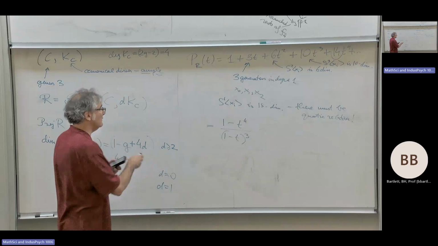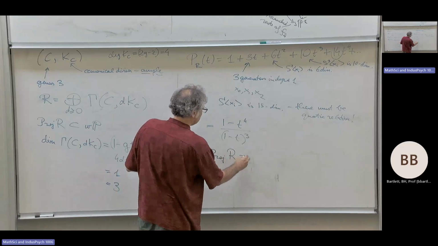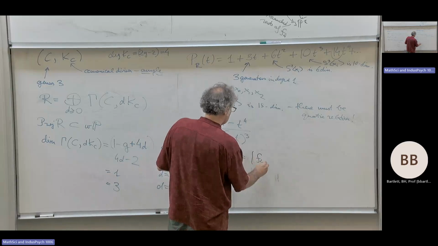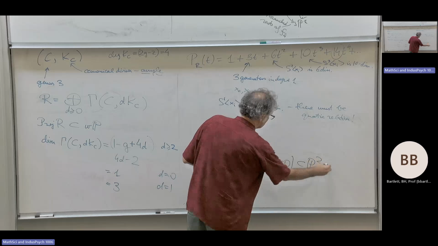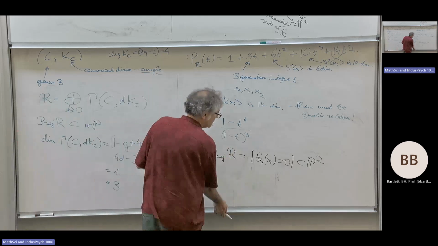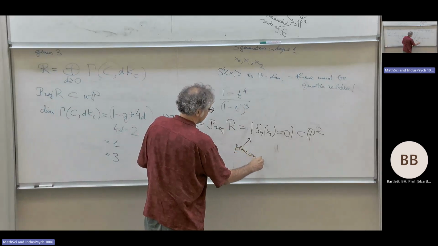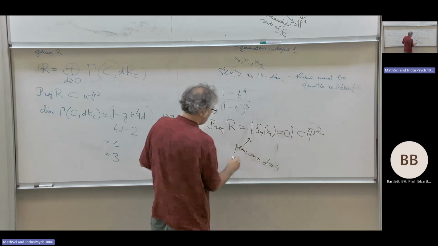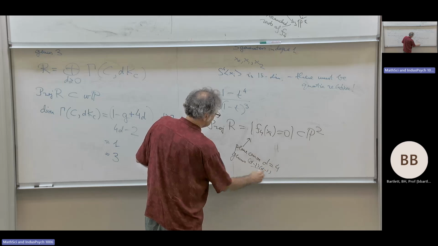And indeed, one possible model for this variety X equals Proj R is a quartic curve in P2. So this is the general genus 3 curve. A general genus 3 curve is a quartic in P2. This is a plane curve of degree d, genus (d minus 1)(d minus 2) over 2.